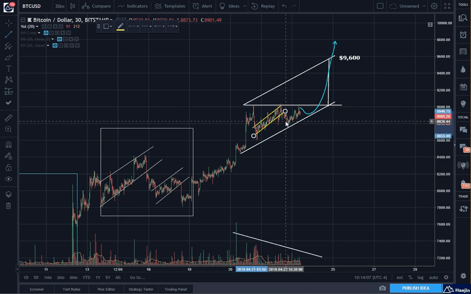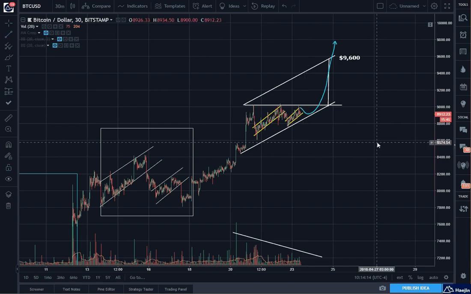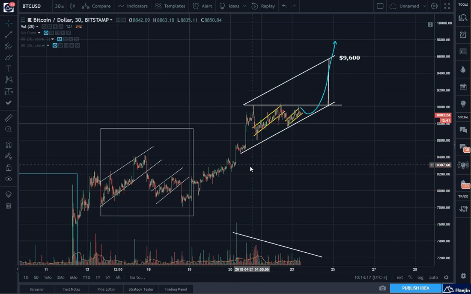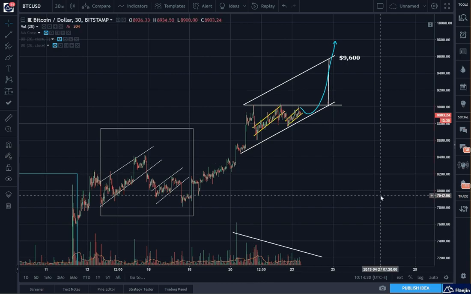And I think that's pretty cool. And what does it mean when you have a bullish fractal embedded within another bullish pattern? It just makes it that much more emphatic.